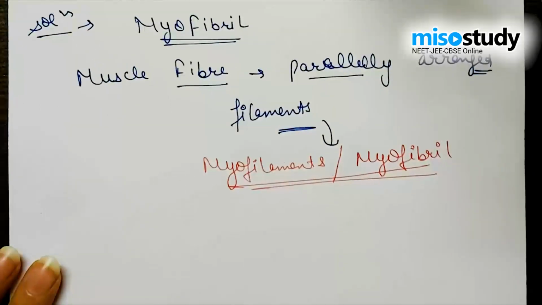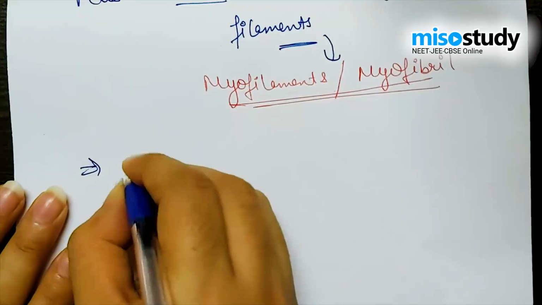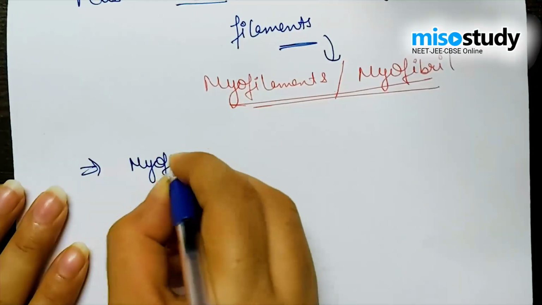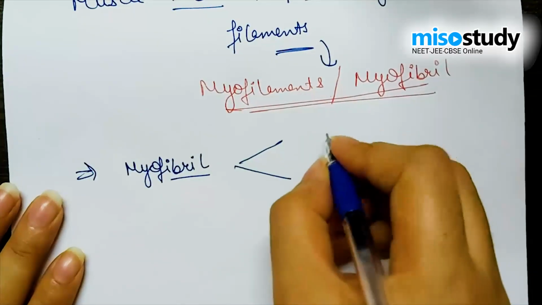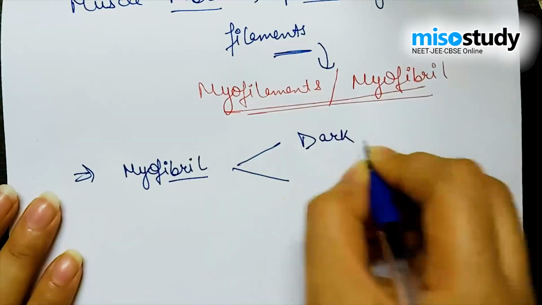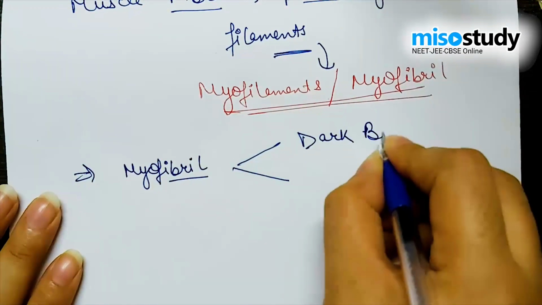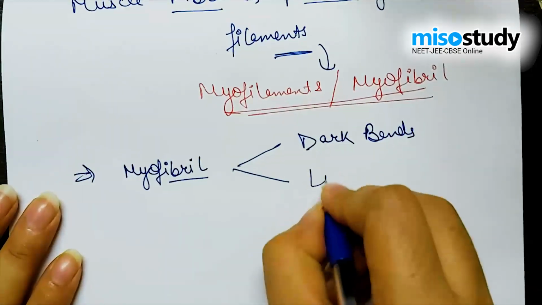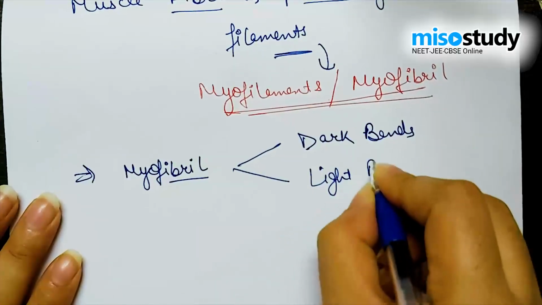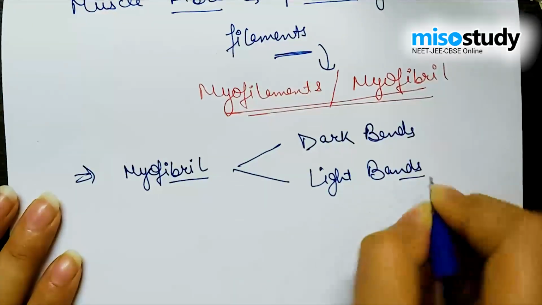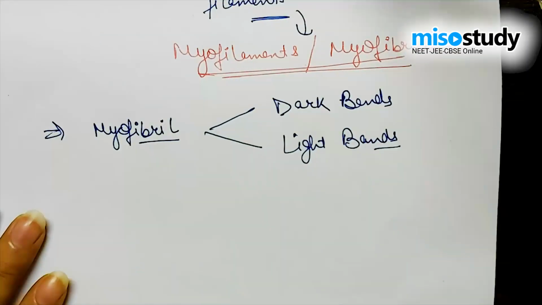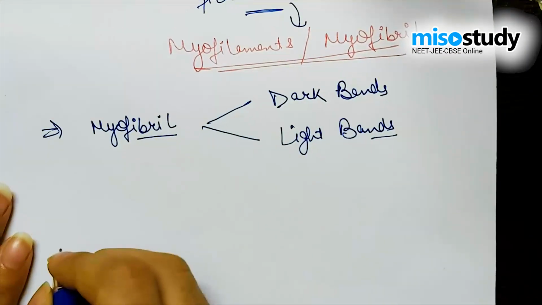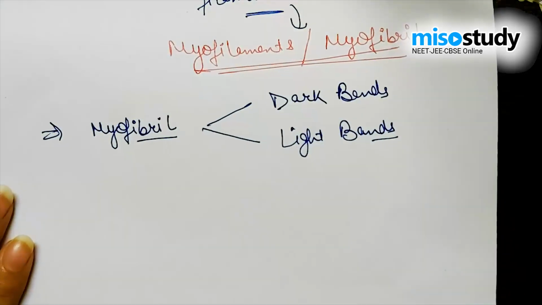The myofibril has two zones: dark zones or dark bands, and light zones or light bands, present on the myofibril. These dark and light zones are different and named differently.